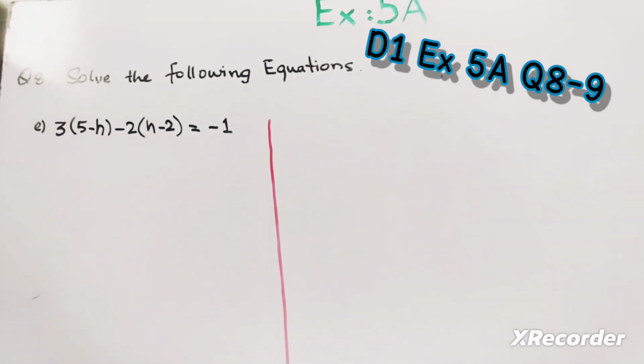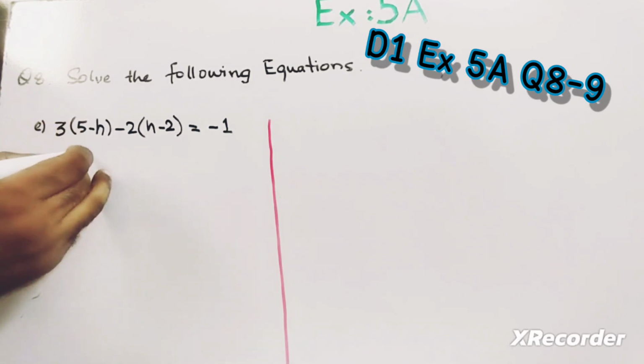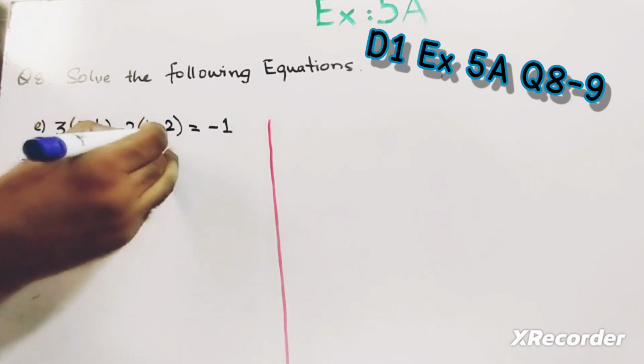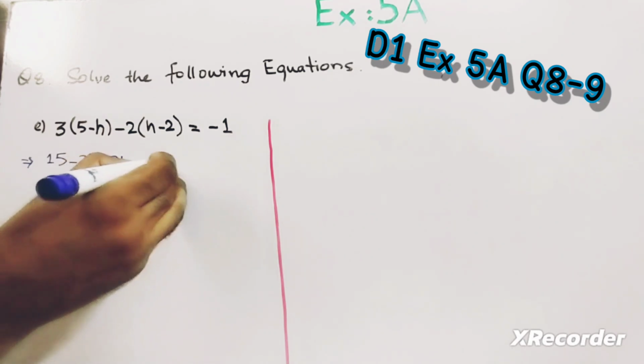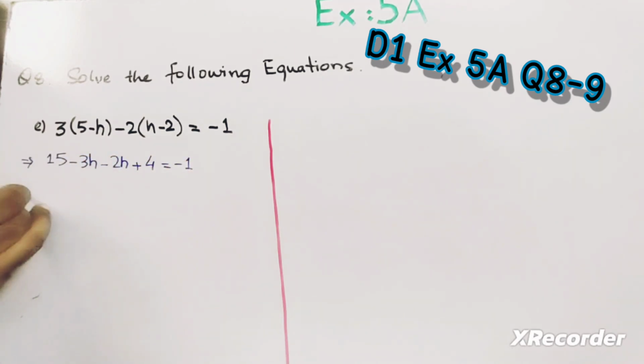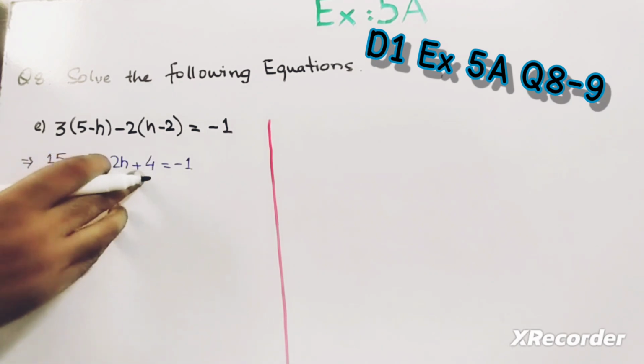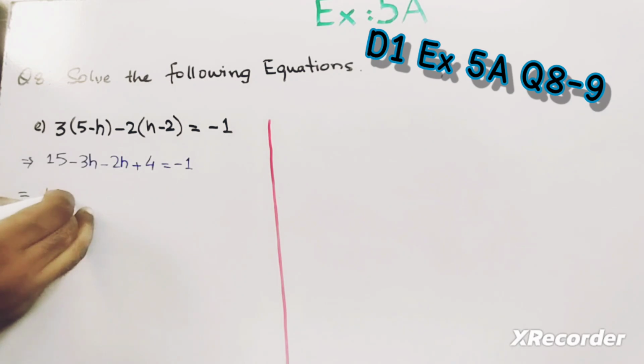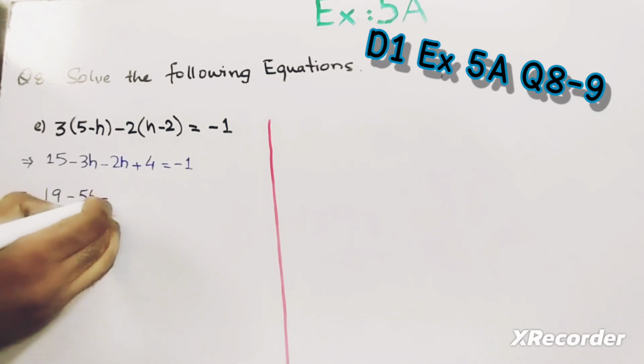Now moving to the last part of this question, part E. 3 bracket 5 minus h less 2 bracket h minus 2 is equal to minus 1. Let's start. Plus times plus 3 times 5 is 15, plus times minus 3 times h is minus 3h, minus times plus 2 times h is minus 2h, minus times minus 2 times 2 is plus 4, is equal to minus 1. Now solving, 15 plus 4 is 19, minus 3h minus 2h will become minus 5h, is equal to minus 1.